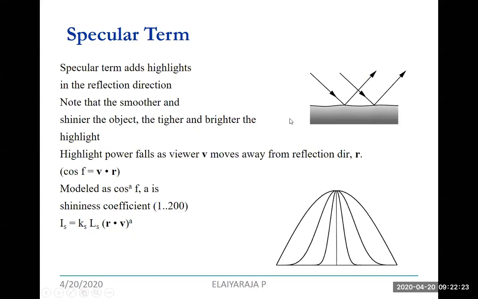The higher and brighter the highlight, the power falls as the viewer moves away from the reflection direction, where you are going to calculate the factor cos alpha, where you can say the factor f is equal to the viewer point multiplied with your reflection point.